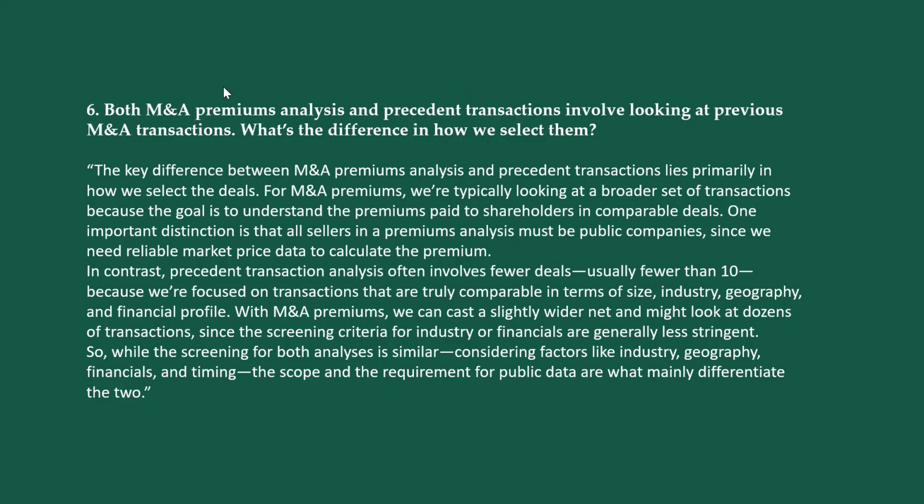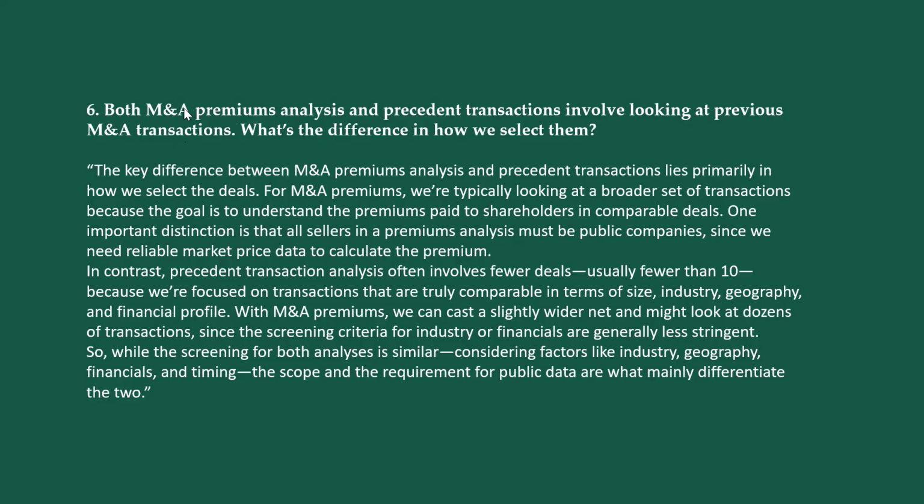And in merger and acquisition premium analysis, this can include more deals, sometimes dozens, because the analysis looks at broader trends of premium rather than the exact valuation multiples. The second selection criterion in merger and acquisition premium analysis is that the seller must be public, because you need the market stock price to calculate the premium, and that's pretty much obvious.